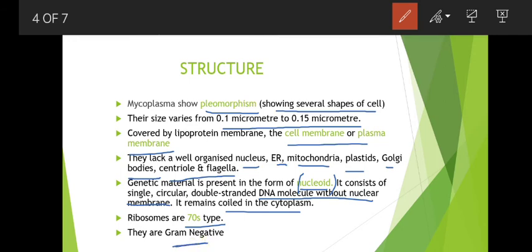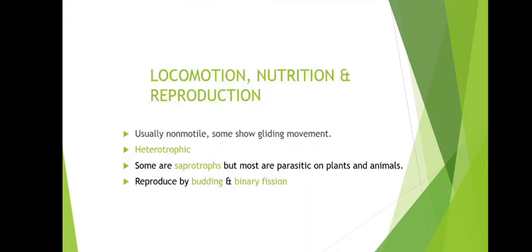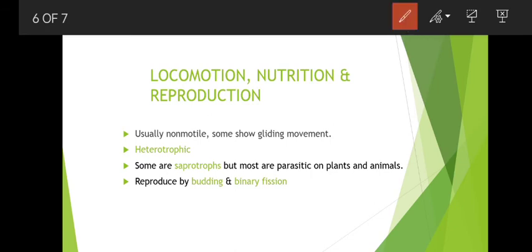Now we come to the locomotion and nutrition of mycoplasma and also the reproduction. They are usually non-motile and some of them show gliding movement. So they generally don't show any movement, but some glide through the substrate.